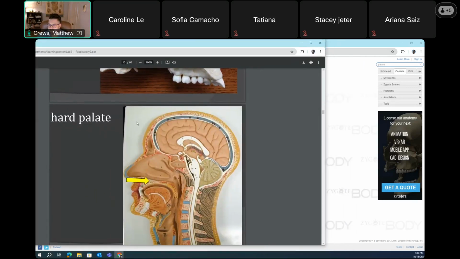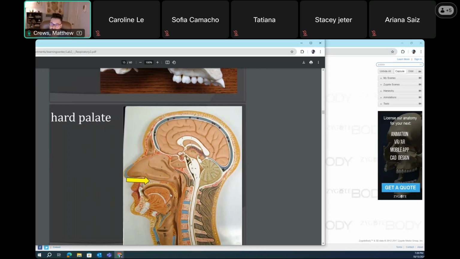So, if you have this cross section of the head again, you have a palate. Think like Palatine, Latin, like Rome, like they have the Palatine Senate kind of thing. That is what this is named after. It's a big round space.